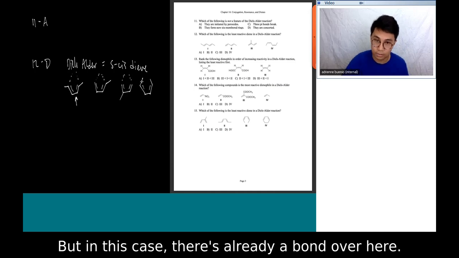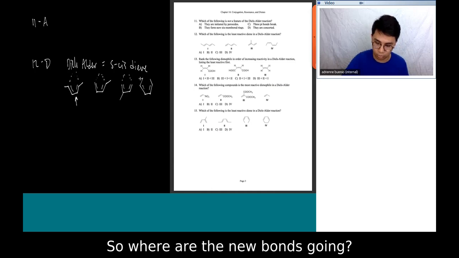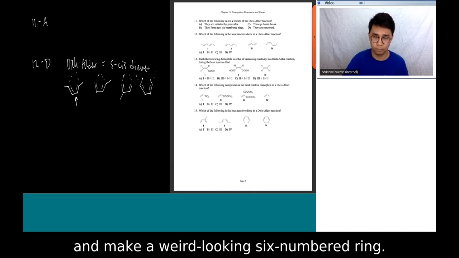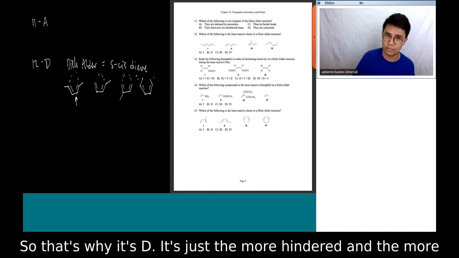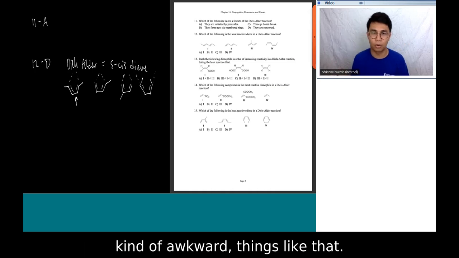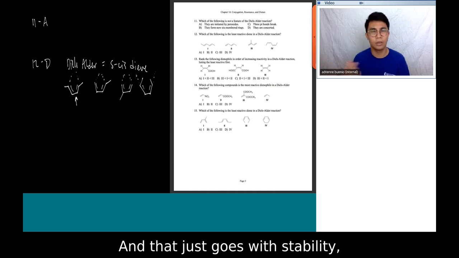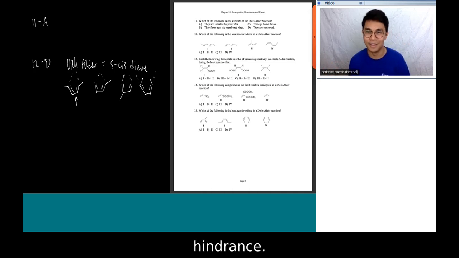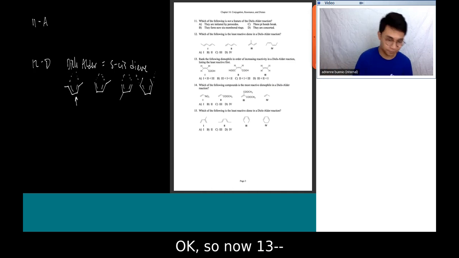But in this case, there's already a bond over here. So where are the new bonds going, right? You can't have a bond going outwards like this and make a weird-looking six-membered ring. So that's why it's D. It's the more hindered and the more awkward, and that just goes with stability. That just goes with hindrance, right? I said hindrance way too many times. Okay. So now 13.